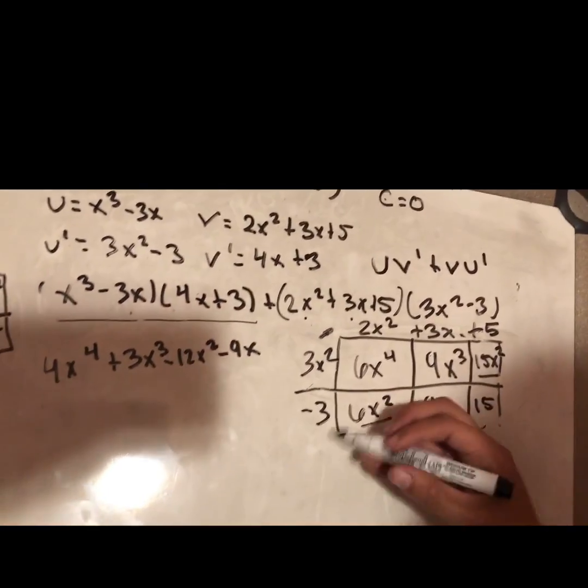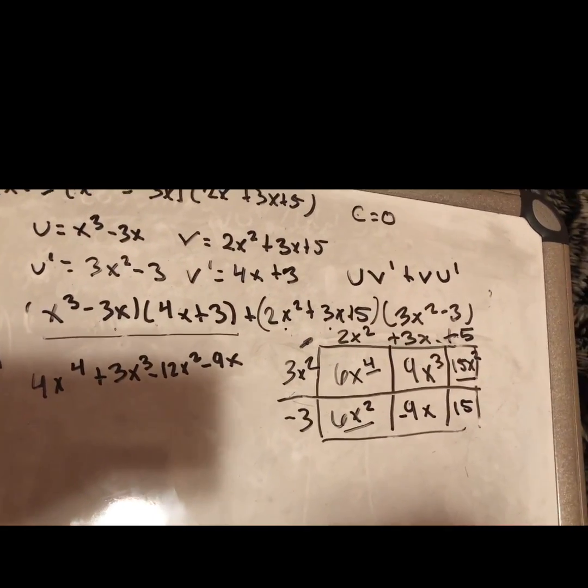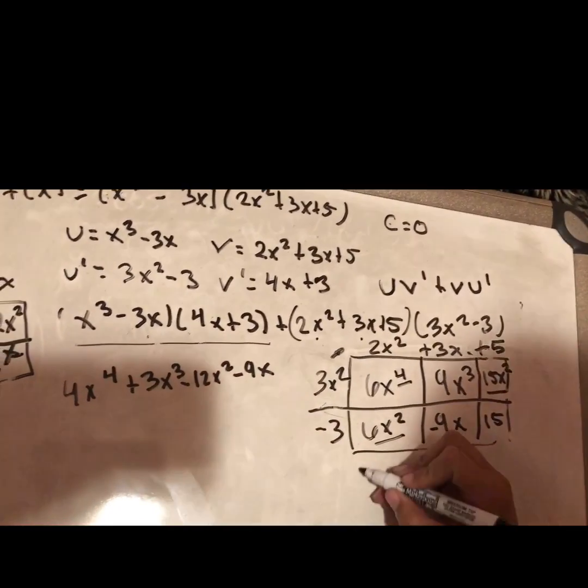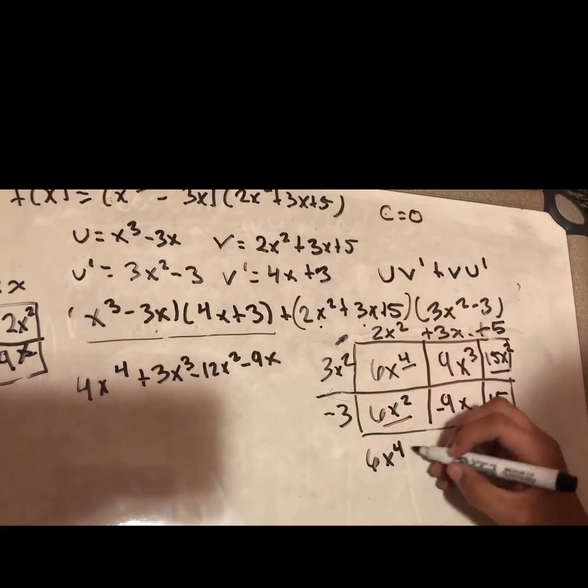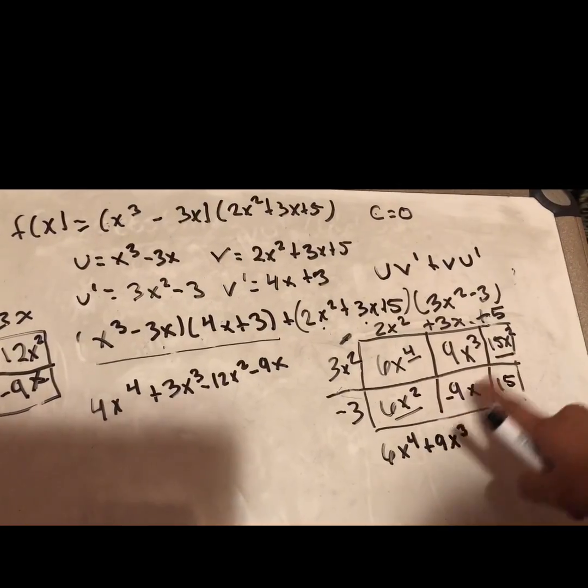You would still do it the same way. You would still put the greatest first, so it would be 6x to the 4th plus 9x cubed, and the x squared is the one that you have both of them.